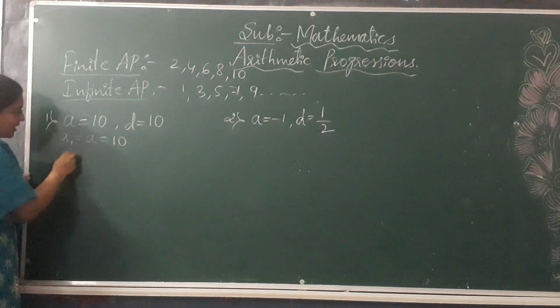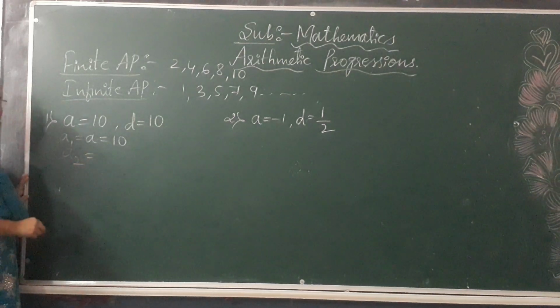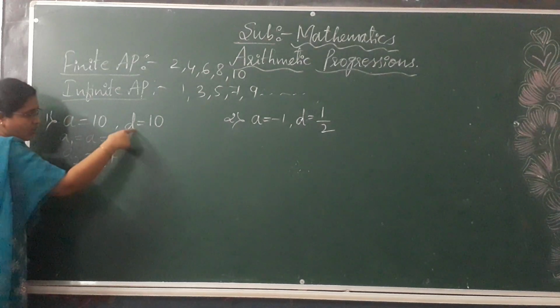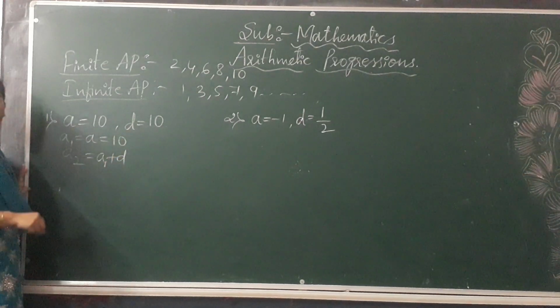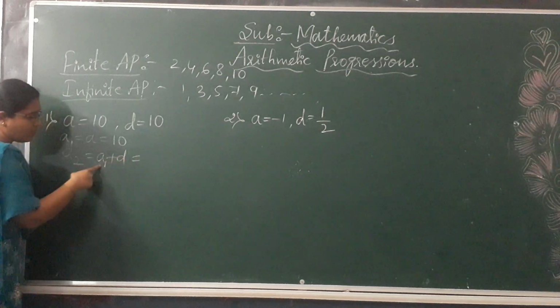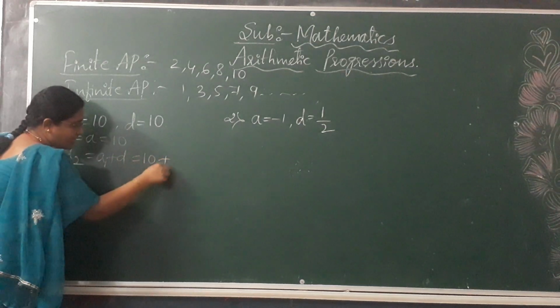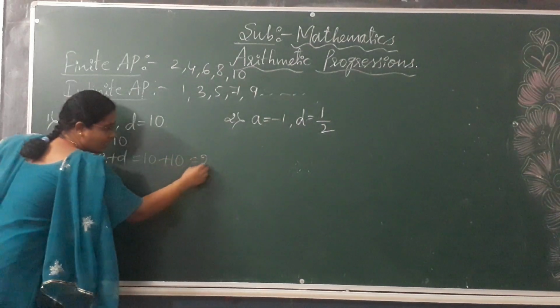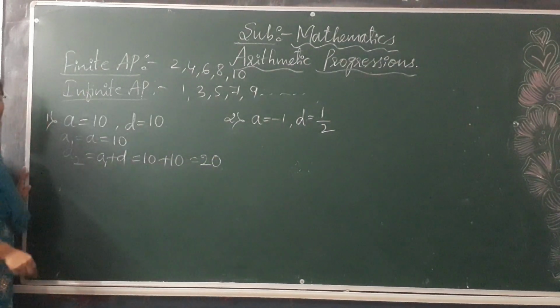And the second term we have to find. A2 is equal to first term A1 plus common difference d. A1 is 10 plus common difference is 10. Add these two, 10 plus 10 equals 20.